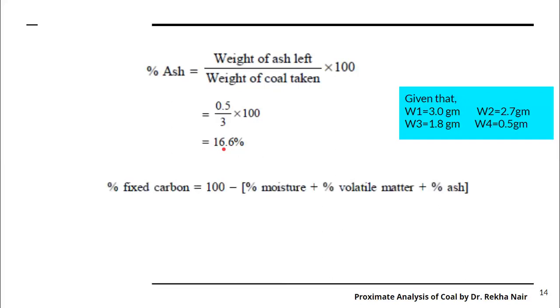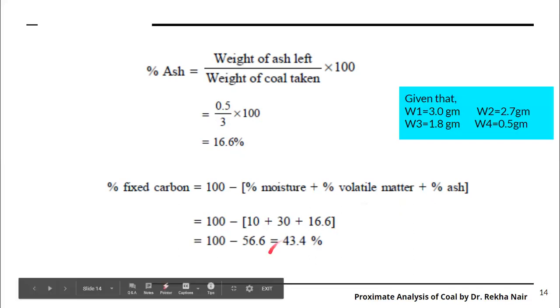And fixed carbon is 100 minus the percentage of moisture, volatile matter, and ash. That will come out to be 100 minus (10 plus 30 plus 16.6), and it is 43.4% fixed carbon.